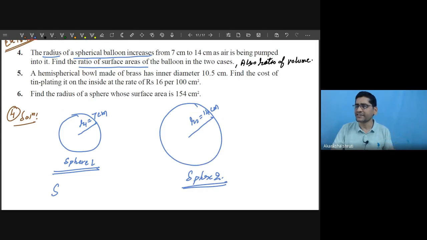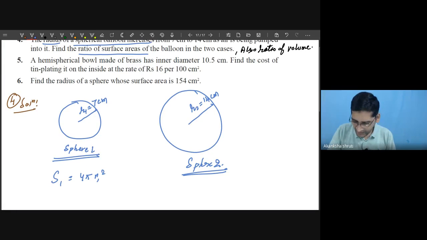So don't worry about whether it is LSA or TSA. So the surface area for sphere 1 is 4 pi r1 square, that we need to do. And how do we calculate the surface area for this second sphere? 4 pi r2 square we need to take. Okay, students?